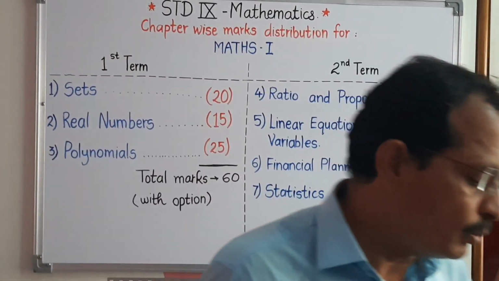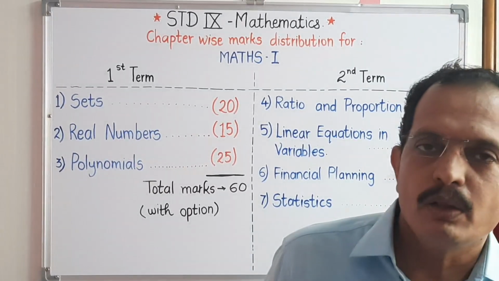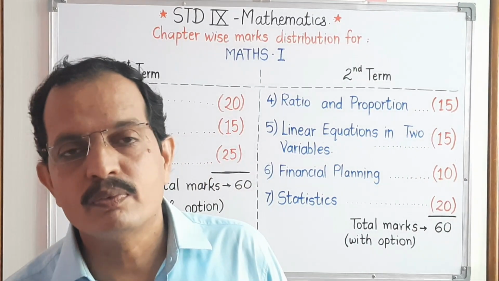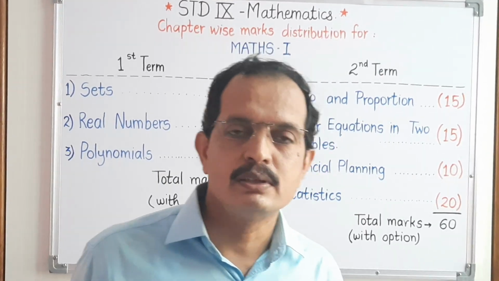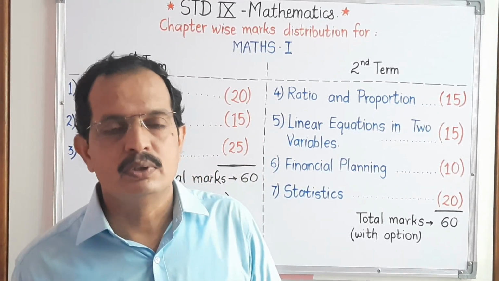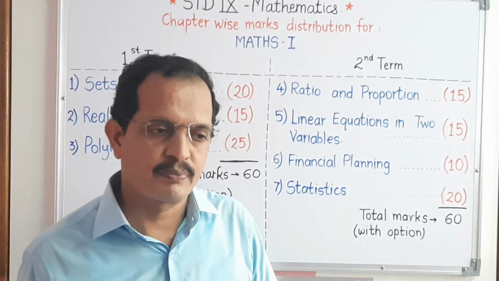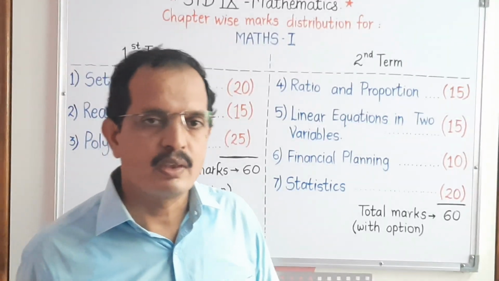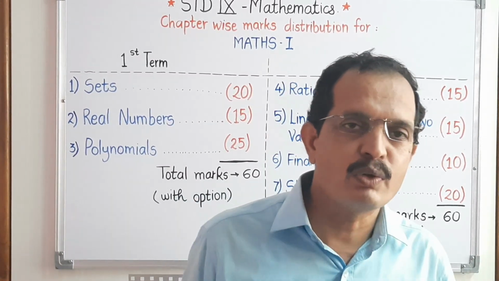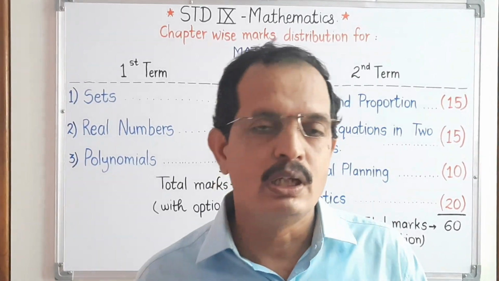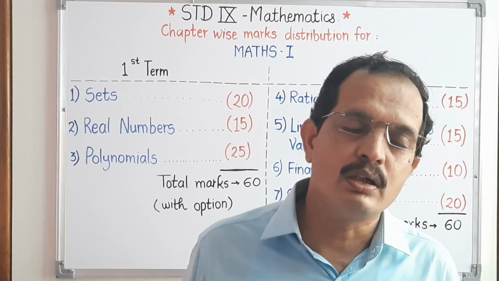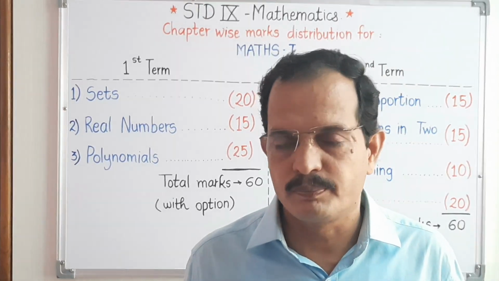Now we have to see there are two terms. In the first term there are 100 marks for mathematics, and in the second term 100 marks are there. In the first term the 100 marks are divided into 80 marks for written examination and 20 marks for internal evaluation.